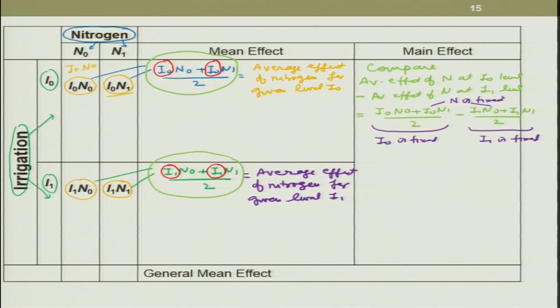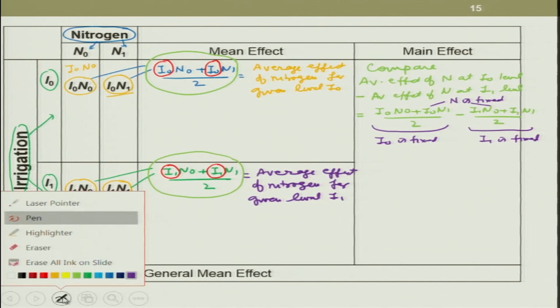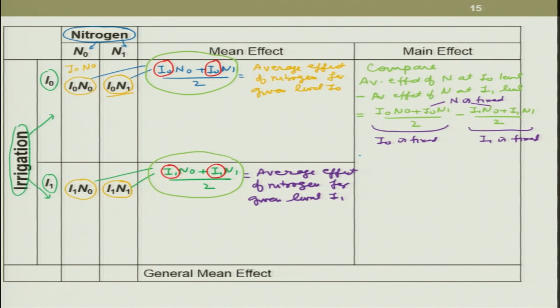That is, the levels are the same, or I can say that I0 is the same, I1 is the same, or N is the same in this expression. So, just using simple common sense, how do you interpret these things? What does it give you?